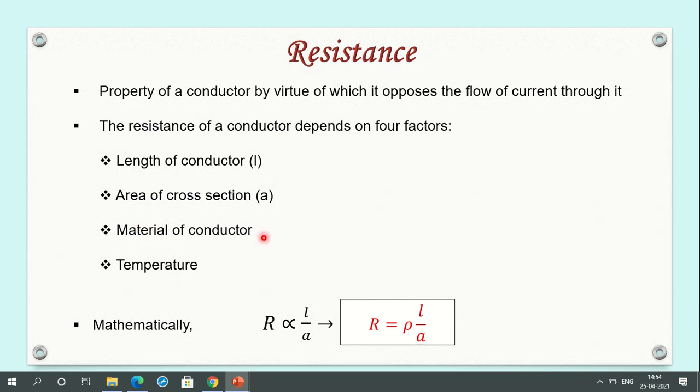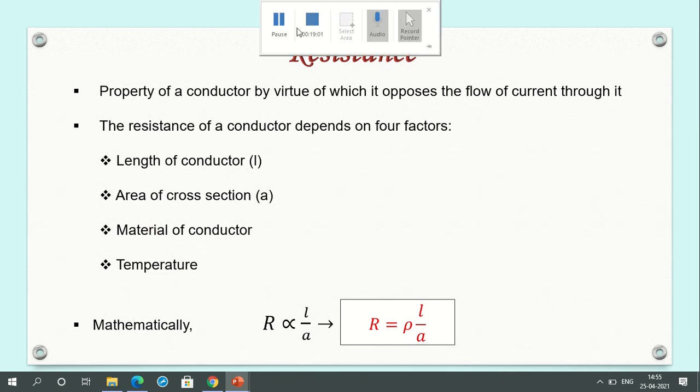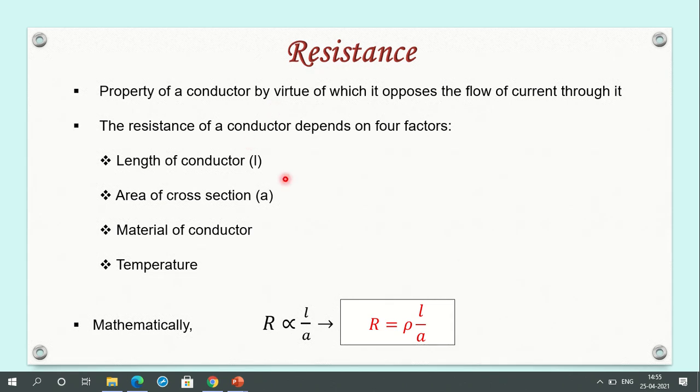Resistance is always dependent on the type of material used for the conductor, whether that conductor is made up of copper, aluminum, silver, etc. Say for example, if we consider a silver conductor and a copper conductor, silver is a very good conductor. Silver being a very good conductor means silver will have less resistance compared to copper. So resistance is dependent on the material also.